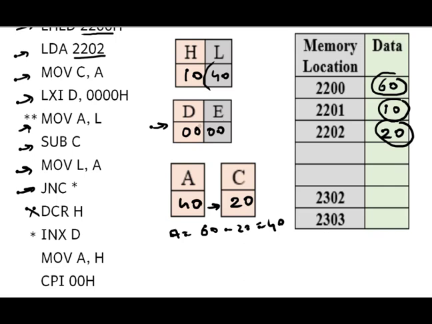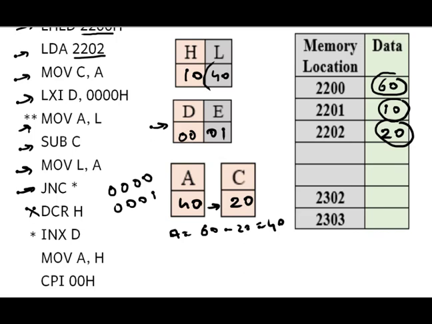INX will increment it, so DE, which is 0000, becomes 0001. So D and E will have 0001.